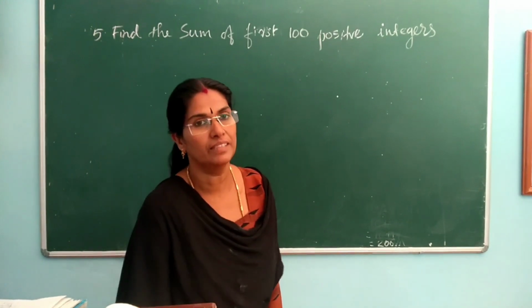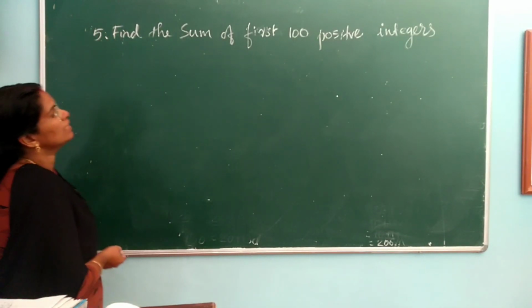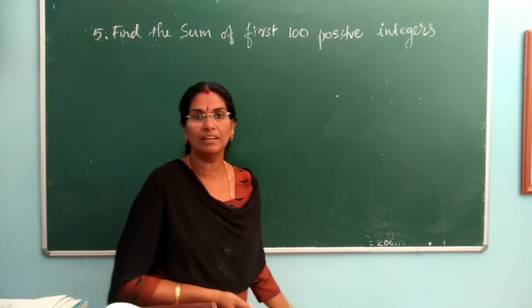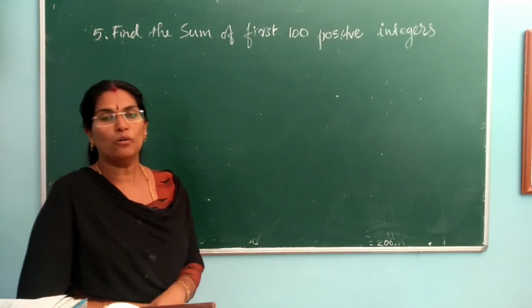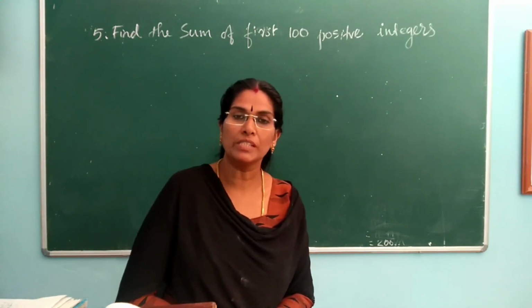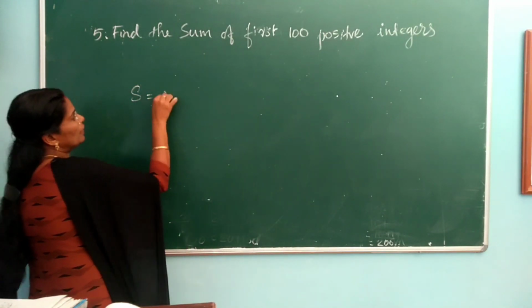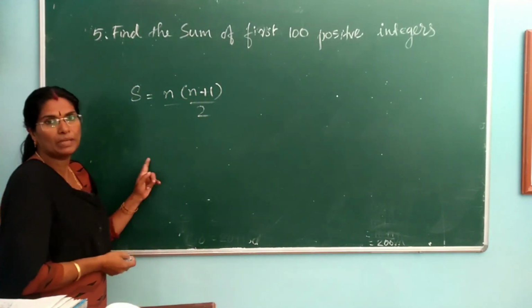Okay students, this is our last question, question number 5. That is, find the sum of first 100 positive integers. We learned one last formula: sum of first n positive integers is S is equal to n into n plus 1 by 2. We learned this formula.